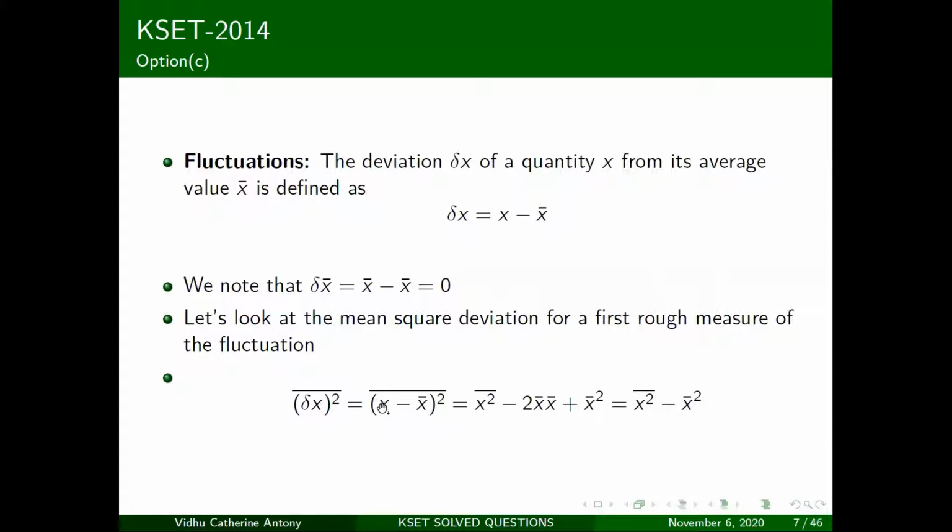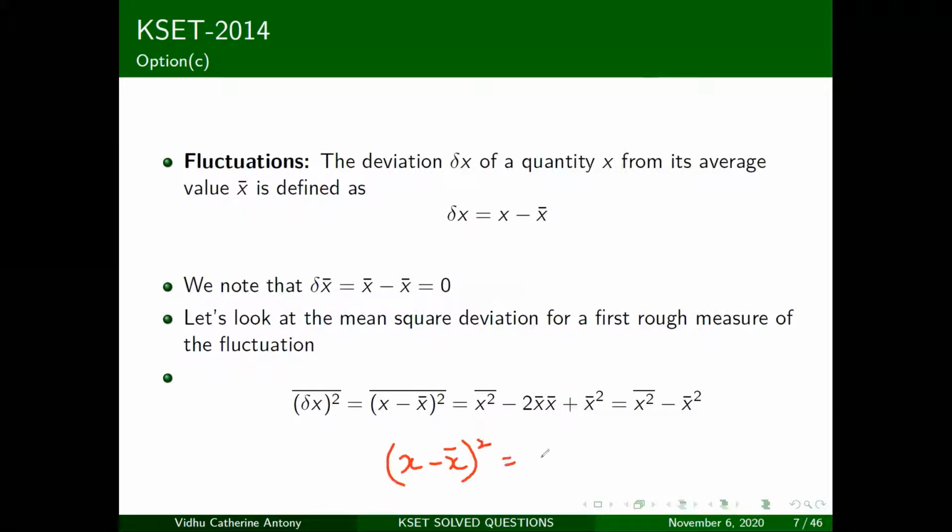What you find out here is this is going to be x squared minus 2x x bar. Let me just write that down for you. So you have (x minus x bar) whole squared, with an average on top. Now you have x squared minus 2x x bar plus x bar squared.